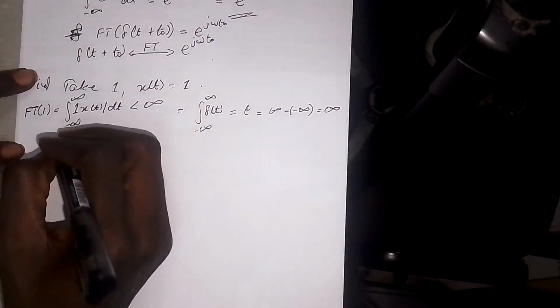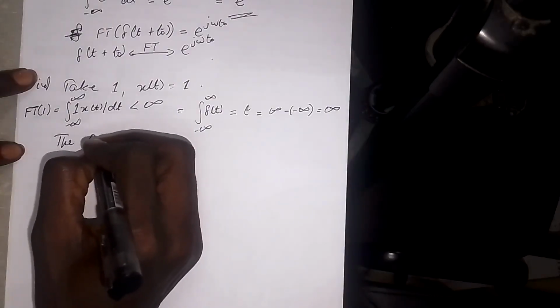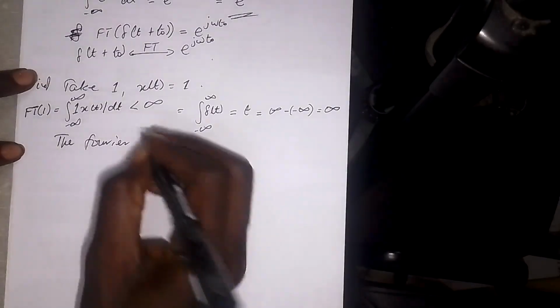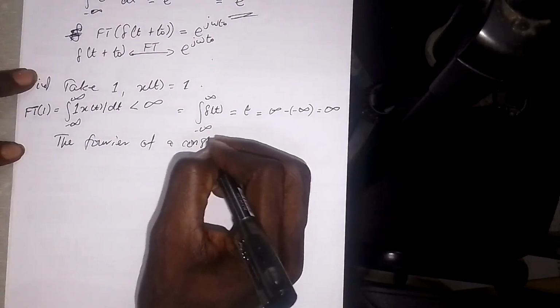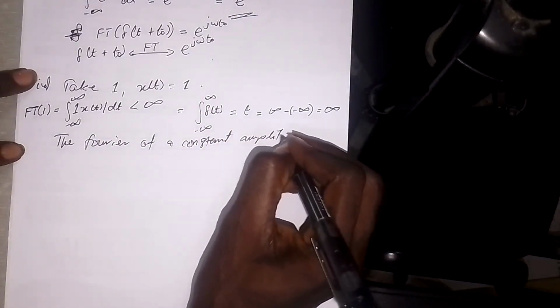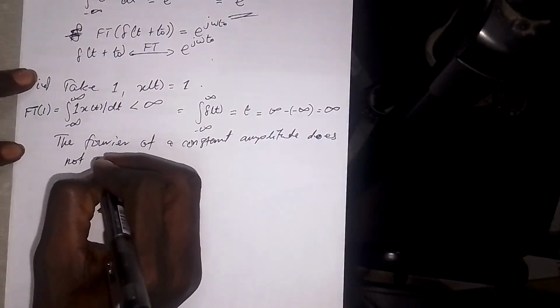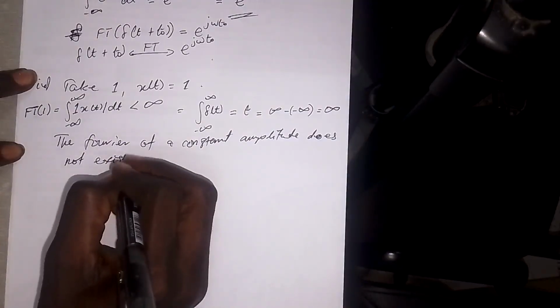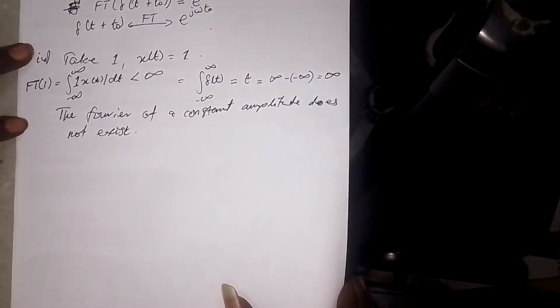This means the Fourier transform of a constant amplitude does not exist.